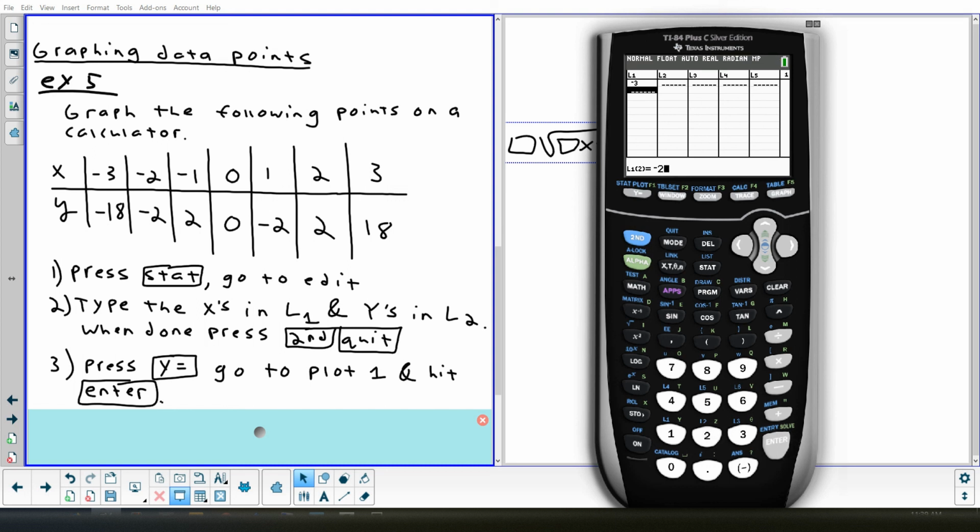I'm just going to do a few of them. Negative 2, negative 1, 0. Oh, I'll just do them all. Maybe I can't do them that fast. And put all your y's in L2. The way you get over to L2 is you just press the right arrow.